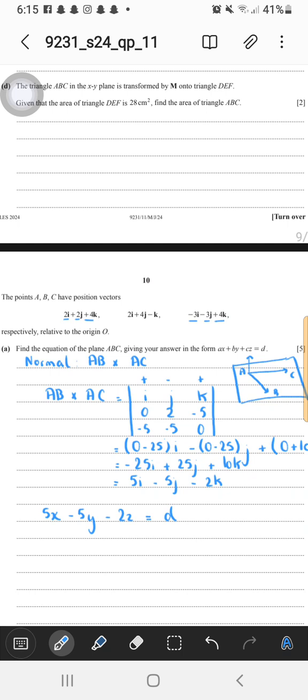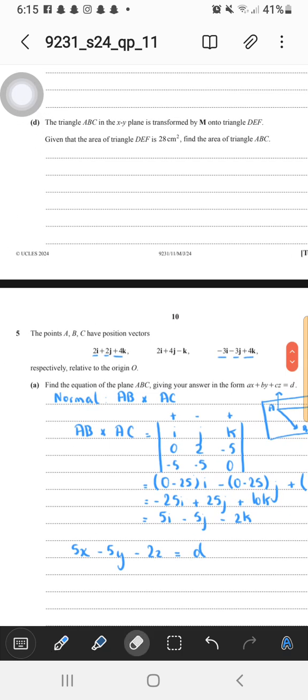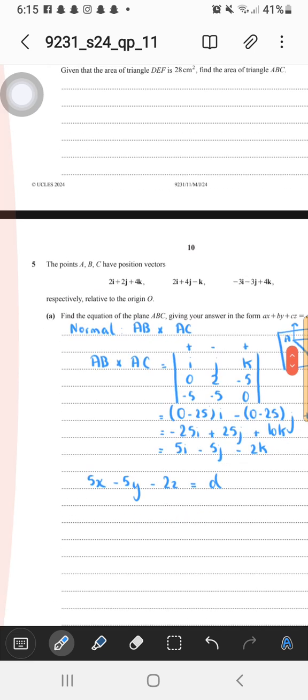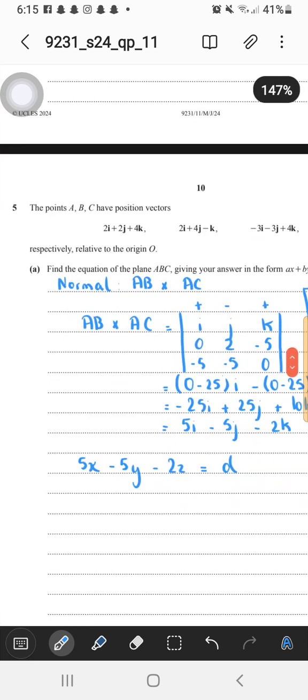Now we have to insert any of the position vectors given in the question. Let's take the example of inserting the position vector of a. If we insert position vector b, we will get the same d. If we insert position vector c, we will get the same d. So I'm going to insert position vector a.